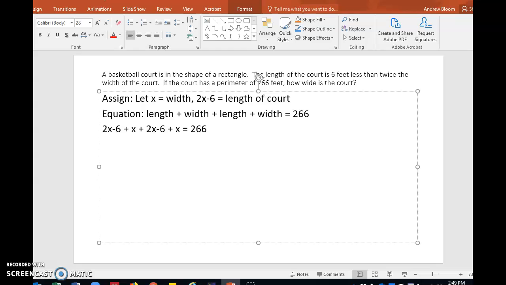So we start looking at this. We have 2x plus x plus 2x plus x. That's 6x minus 12 equals 266. If we add 12 to both sides, we get 6x equals 278. If we divide both sides by 6, we get x equals 40.